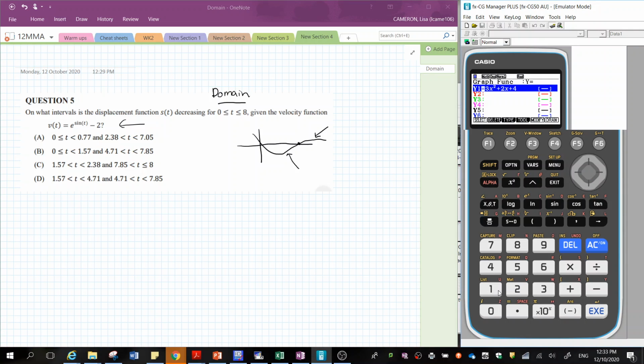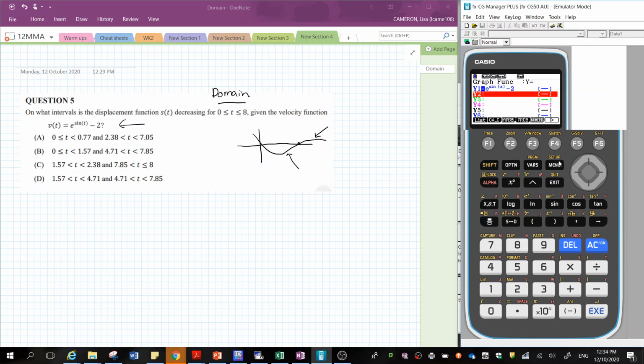Now we do have a sine function there, so we need to make sure that this is in terms of radians. So I've got shift, EXE, sine, bracket, X, bracket, move it across, minus 2, execute.